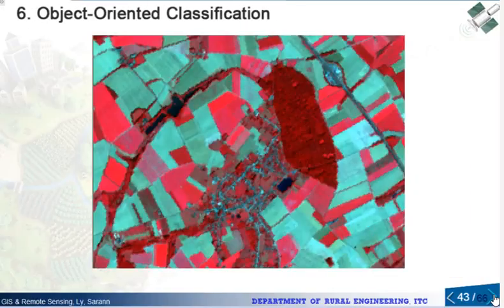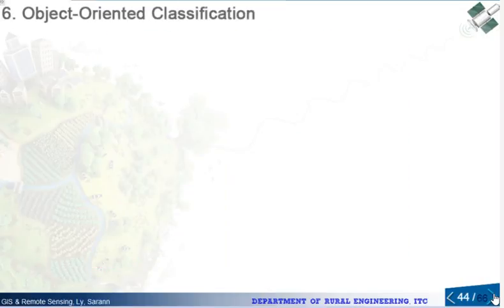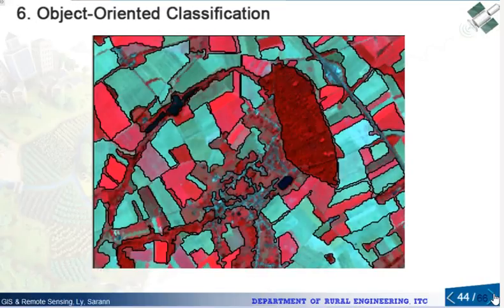For example, here you see a satellite image. And now we start to process the object-oriented classification. First of all, we cut down into the major objects. So here you see the super objects that we cut down from the image.